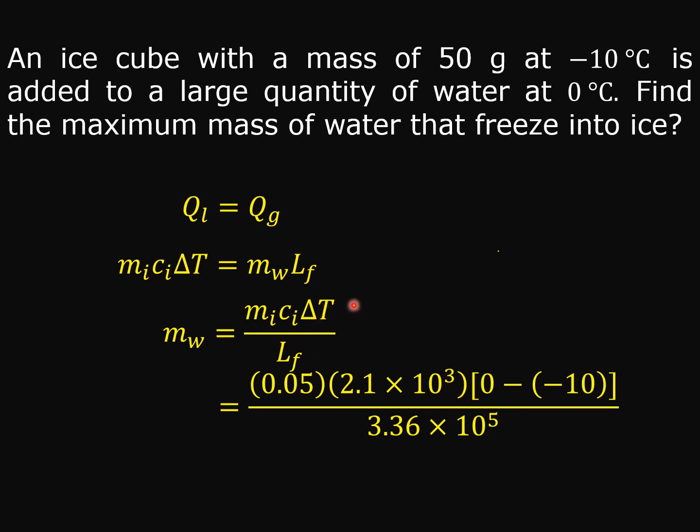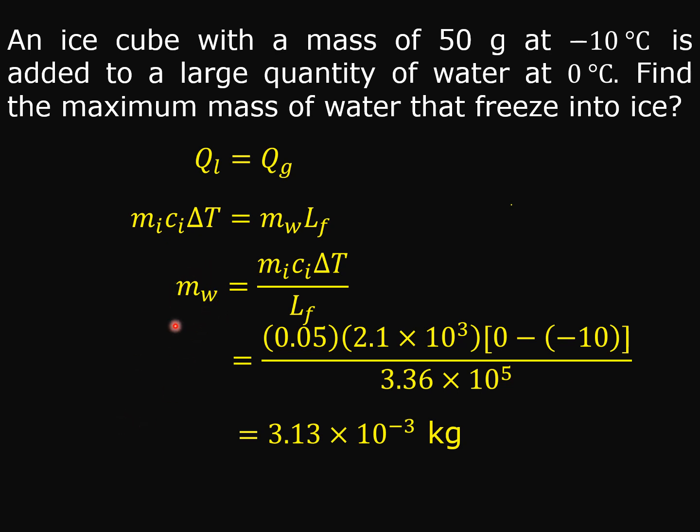The change of temperature, we should take 0 minus -10, which is the higher temperature minus the lower temperature. 0 is the temperature when the system achieves thermal equilibrium, and it is the final temperature also for the ice cube. So we take 0 minus -10, and then divide by L_F, which is a constant, with a value of 3.36 times 10 to the power 5.